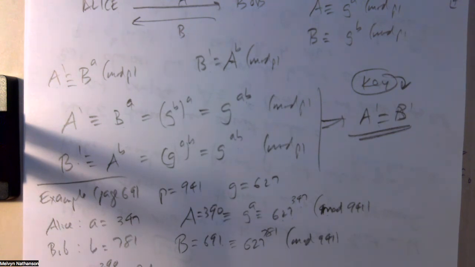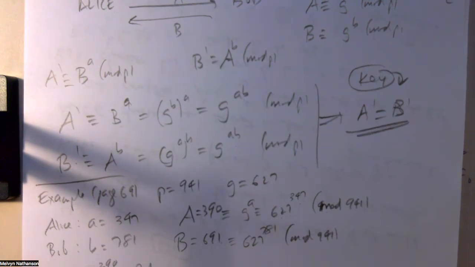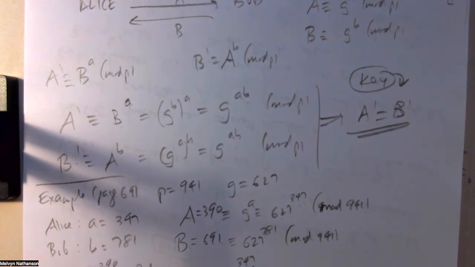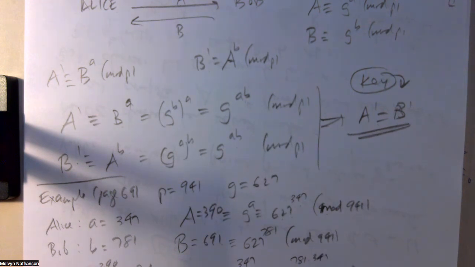And what is the key? Alice takes 691 and raises it to the 347th power. So this is exactly 627 to the 781 times 347.